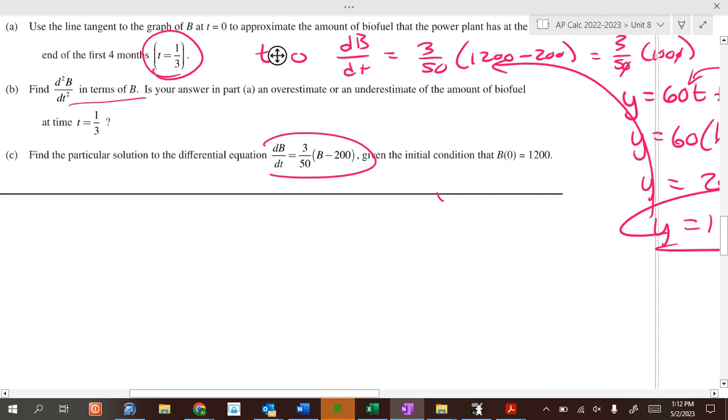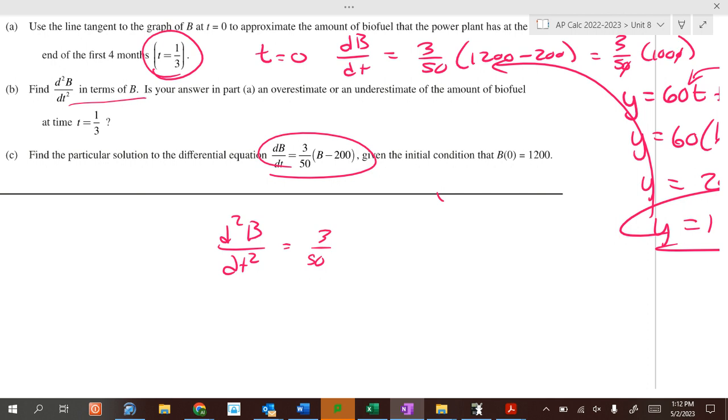So the second derivative of this, d squared b dt squared, equals 3/50 with respect to t.